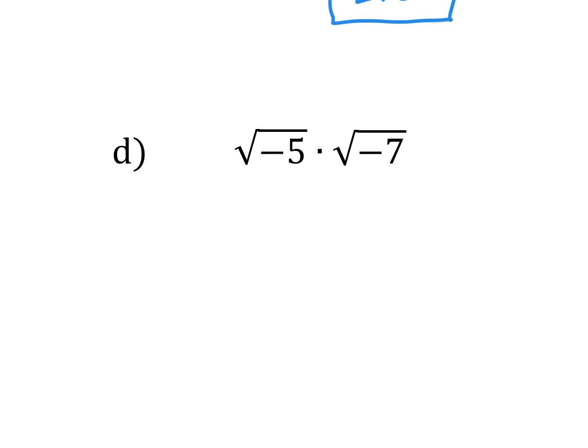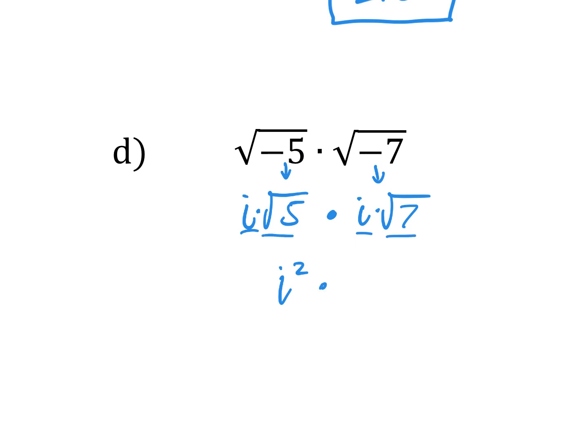How about this one? Well, it seems like we can just combine these, okay? However, we need to simplify them first. The square root of negative 5 is i times the square root of 5. The square root of negative 7 is i times the square root of 7. And this is all multiplied. So now i times i is i squared, and the square root of 5 times the square root of 7 is the square root of 35.